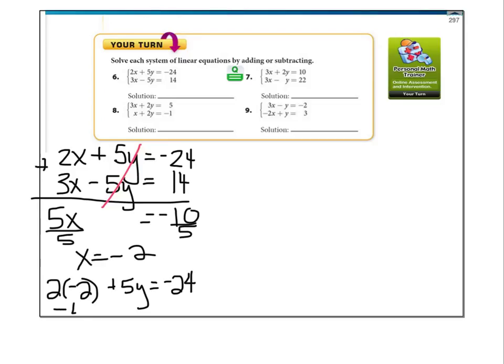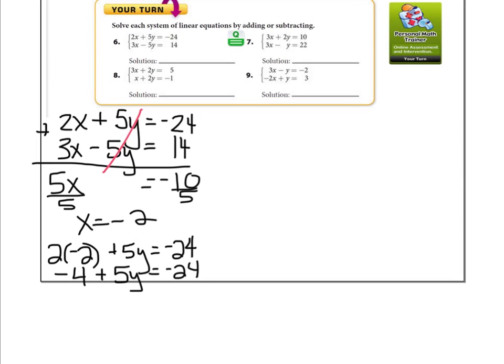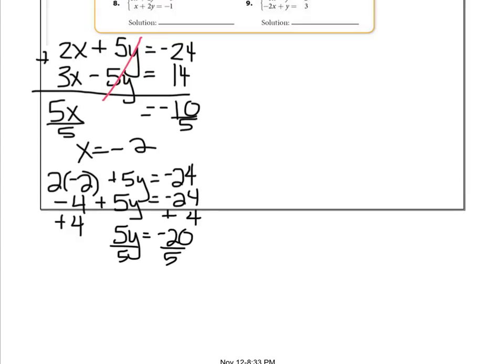So I have negative 4 plus 5y equals negative 24. Add 4. So 5y equals negative 20. Divide by 5. So y equals negative 4. So my solution for this one is negative 2, negative 4.